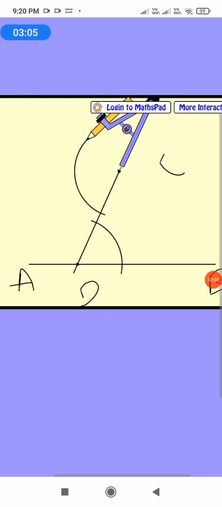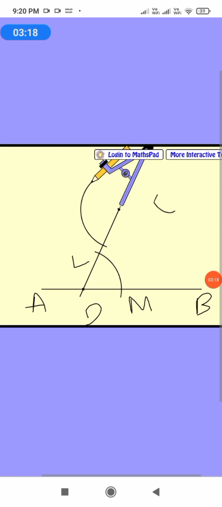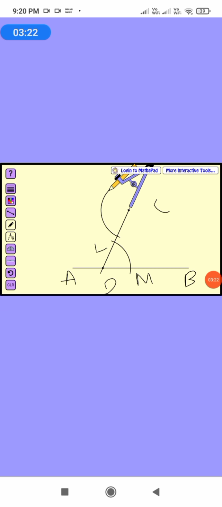I need to measure. So, as I said, I am naming this as L and M. And now I will be measuring L and M and cutting the arc. So, here I will name this as N. Okay.